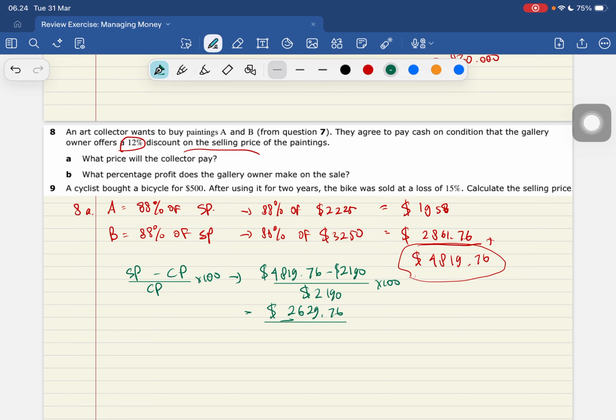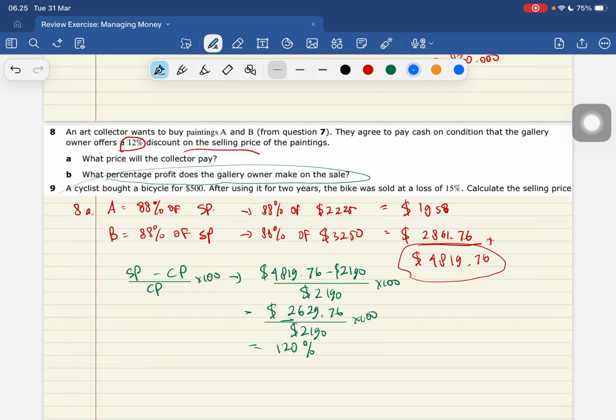Then we divide by 2,190 and multiply by 100 to find the percentage. So the percentage profit the gallery owner makes on this sale is 120%.